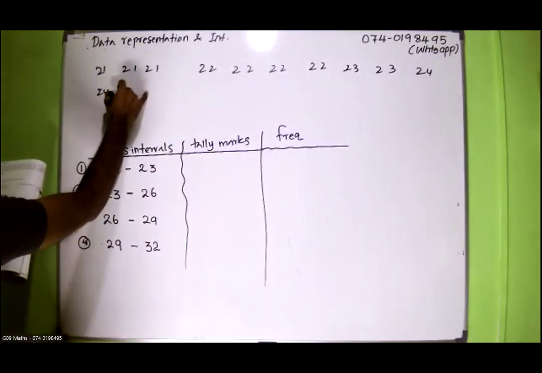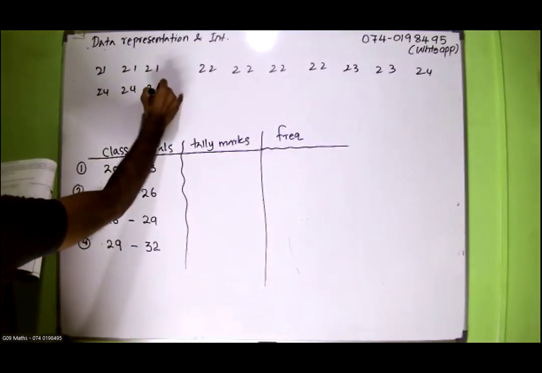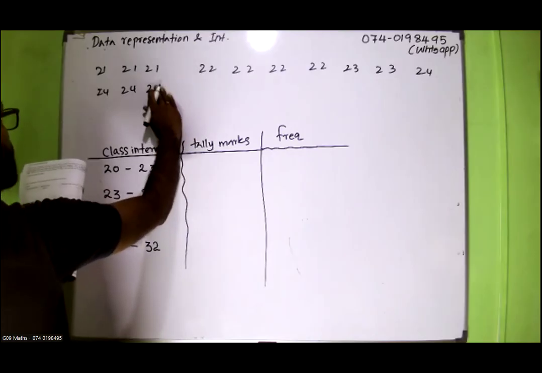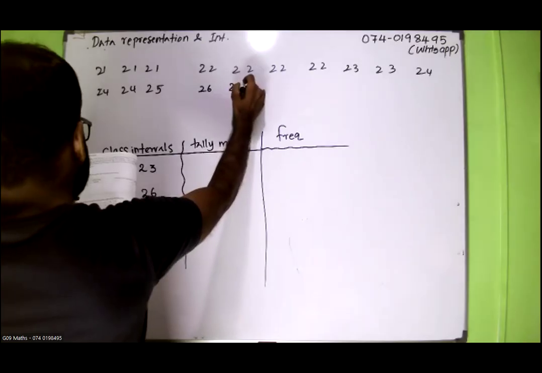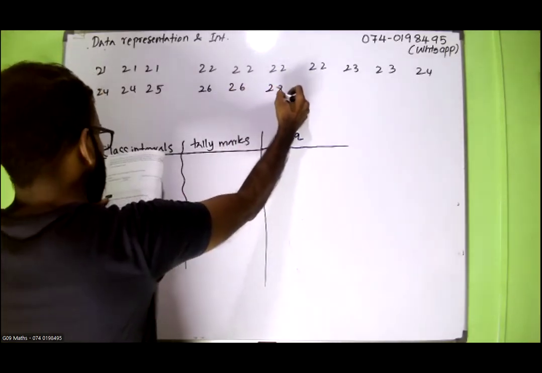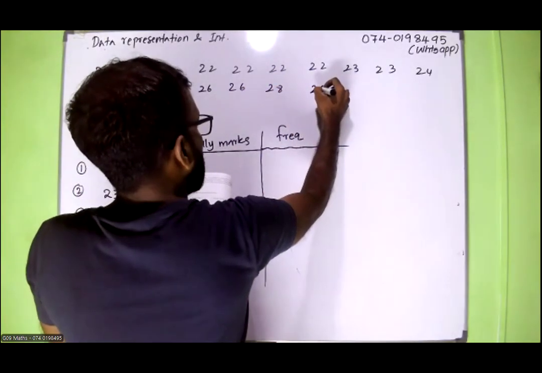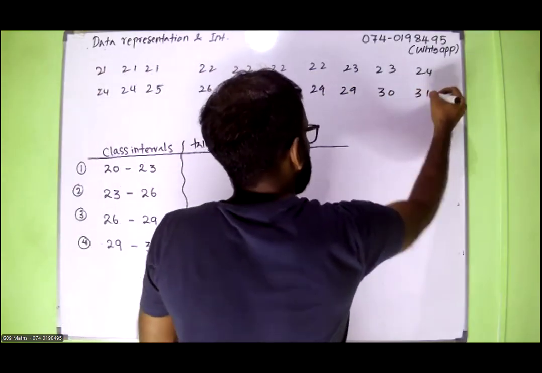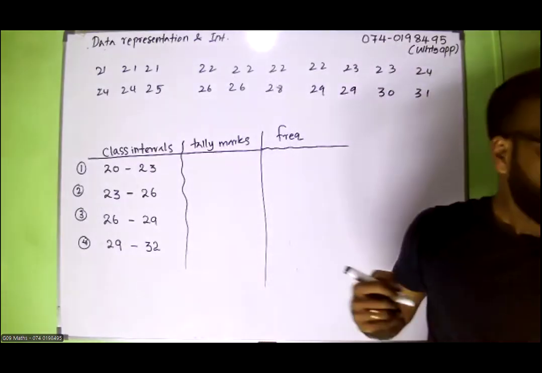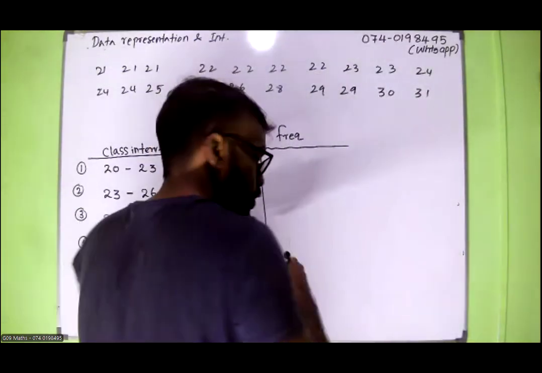Then 24, 24, 24, now 25. Here 26, 26, 28, 29, 29, 30, 31, 30, 31.